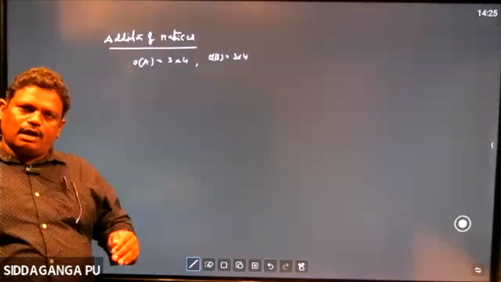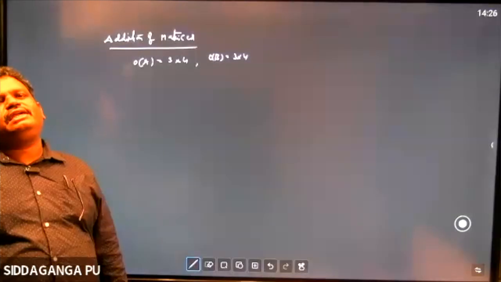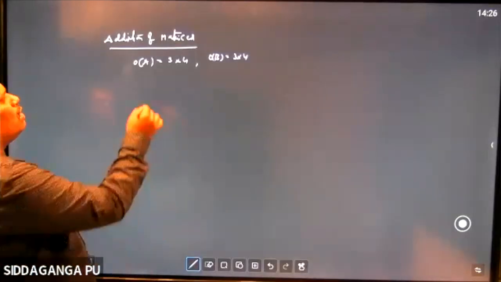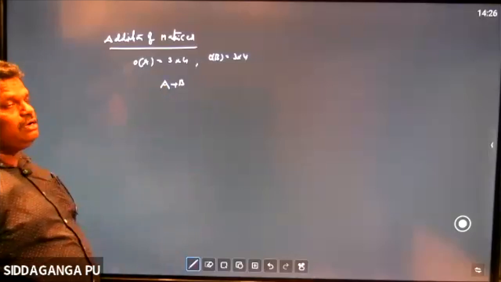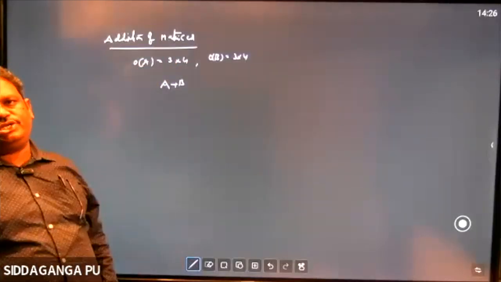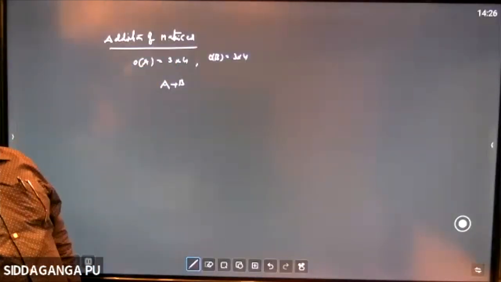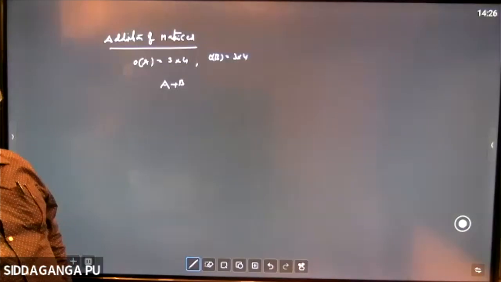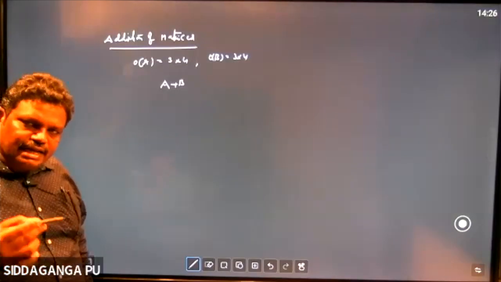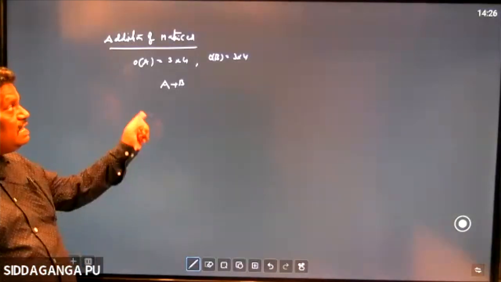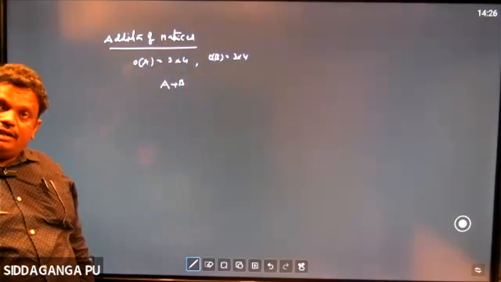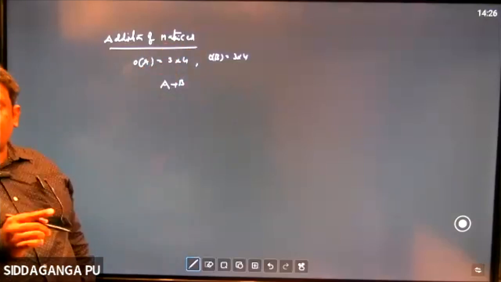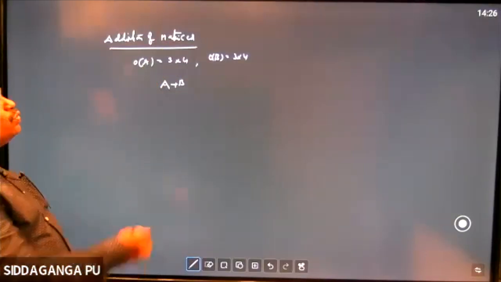Then we can get the resulting matrix of these two, A plus B. So this is called the addition of the matrices A and B. A and B are matrices of the same order, then we can obtain a resulting matrix, A plus B, which is called the addition of the given two matrices. But the order of that resulting matrix must coincide with A and B only.